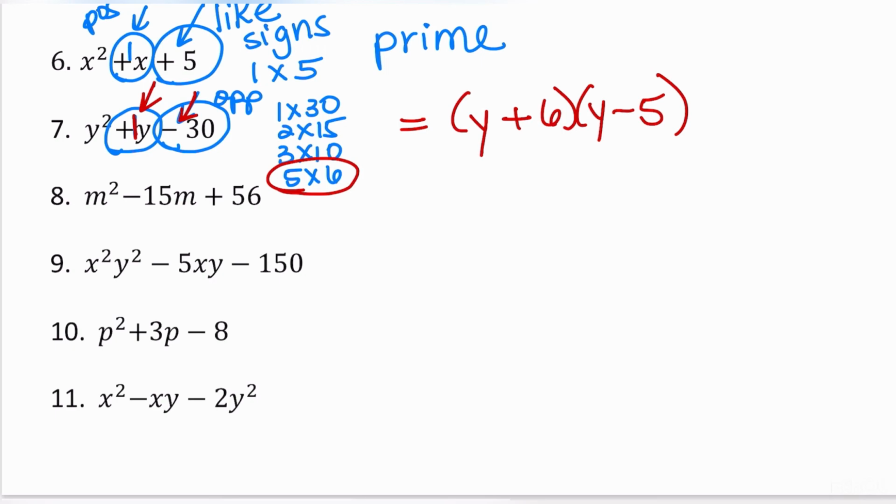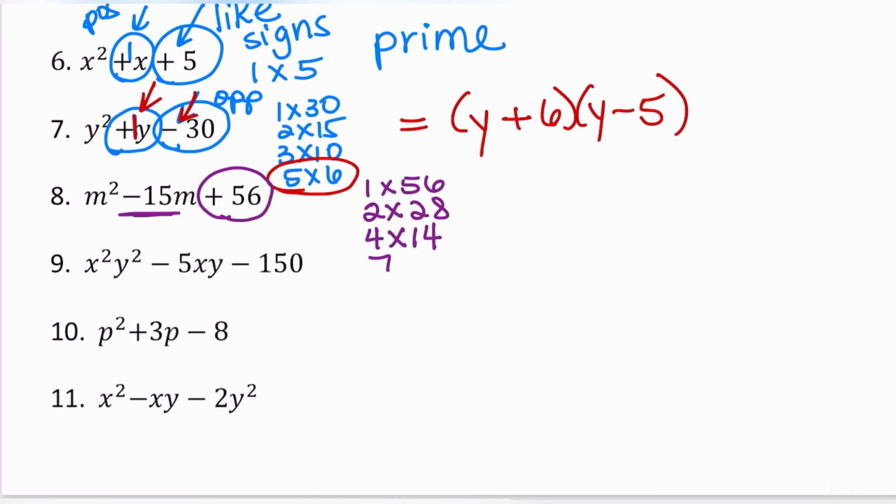For question number 8, it has to multiply to give me positive 56, which tells me like signs, and it has to add to give me negative 15. So what multiplies to give me 56? 1 times 56, 2 times 28. 56 is not divisible by 3. 4 times 14. 56 is not divisible by 5 or by 6.